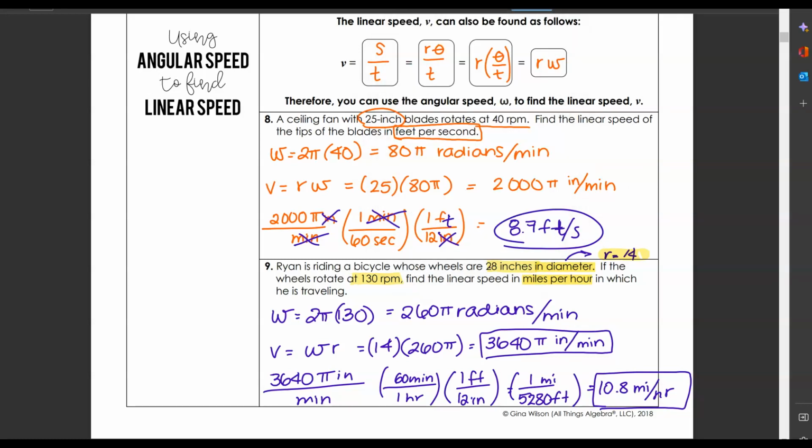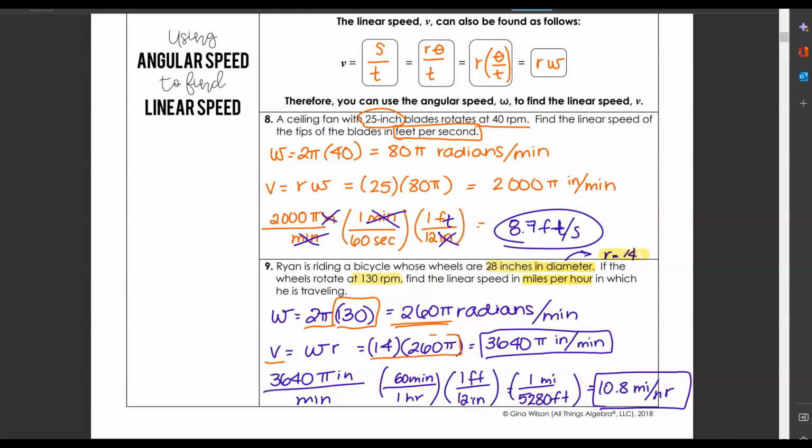So we start off with the angular speed. And so here's our 2 pi. We're multiplying it by that 130 revolutions. So we get 260 pi radians per minute. Now that we have our angular speed, we can find our linear speed. We're just going to multiply it by that radius 14.